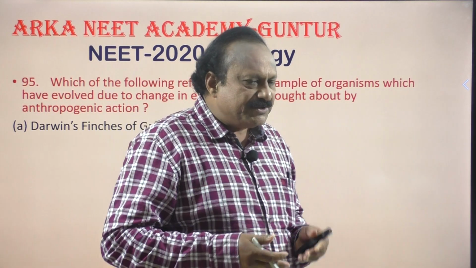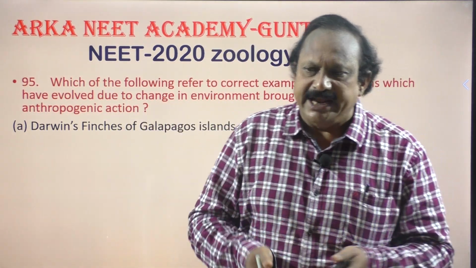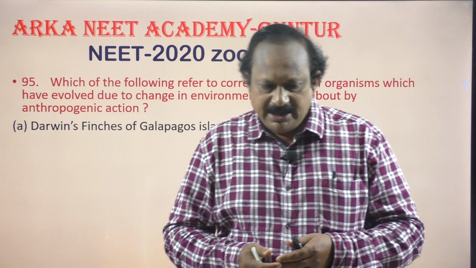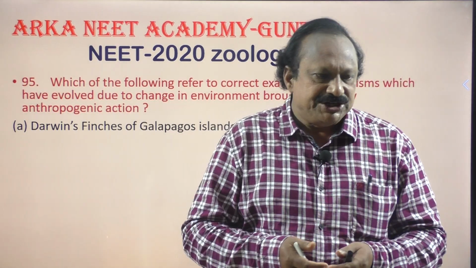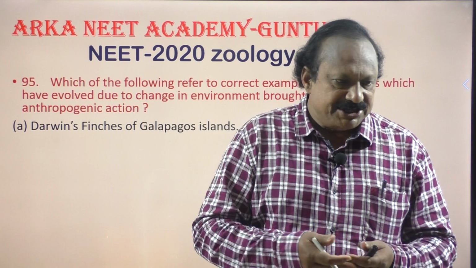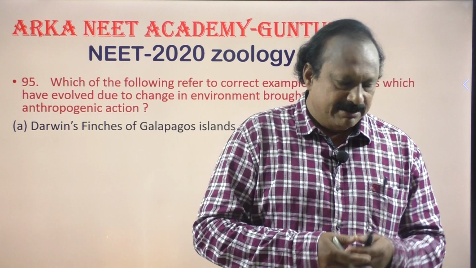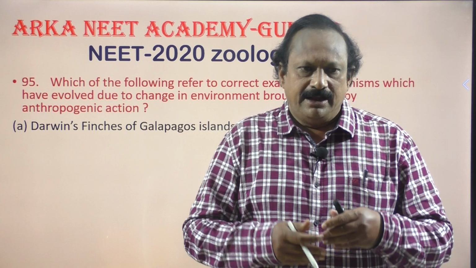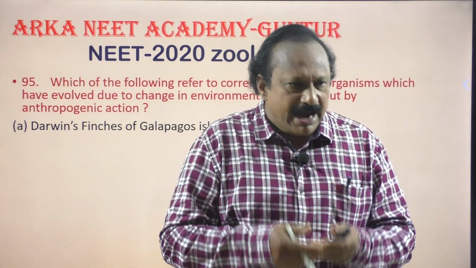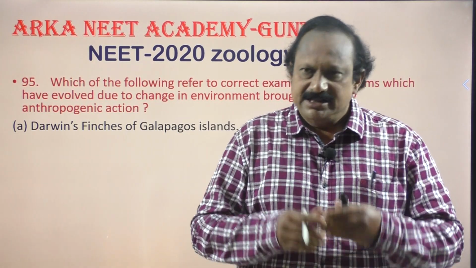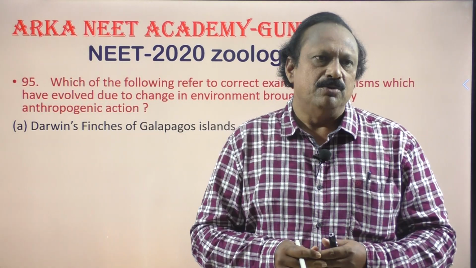The origin of a species takes place by human activities, like the artificial selection by man creates hybrids in plants and animals. In the same way, the microbes resistant to the drugs arise because of human activity.